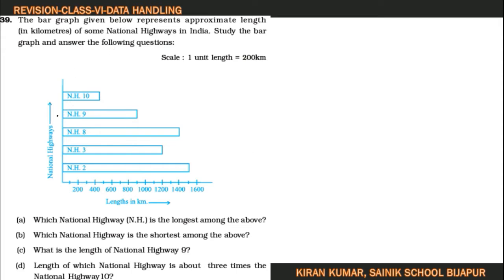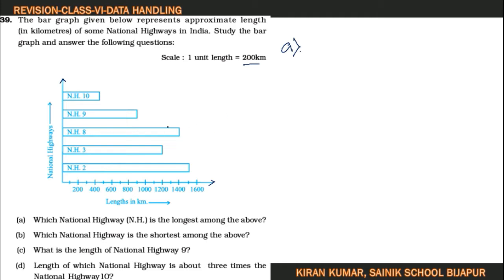Here the national highways is being mentioned on the vertical axis, and the lengths in terms of kilometer are mentioned in horizontal axis. Your 1 unit length is 200 kilometers. We have got 4 questions here. The first question here is, which national highway is the longest among the above?